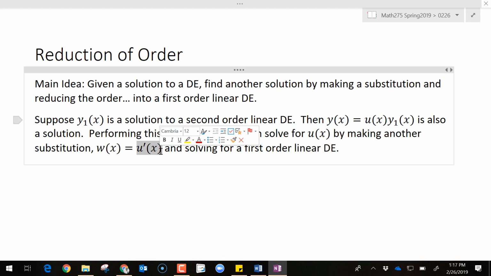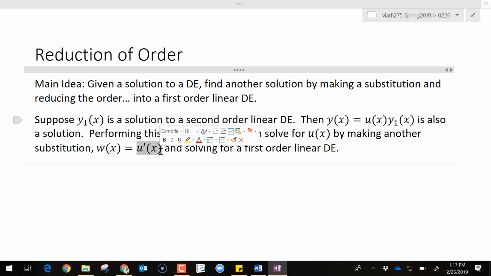Let's check it. Okay, so this is the theory behind the reduction of order. Somehow, when you do the substitution, your order is going to reduce from a second order differential equation to a first order differential equation, which we should be able to handle, right? Because we're first order differential equation specialists now.